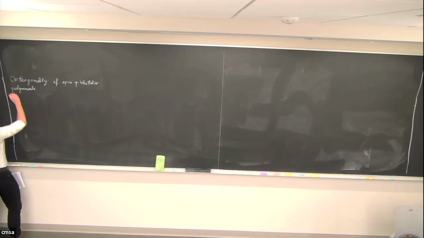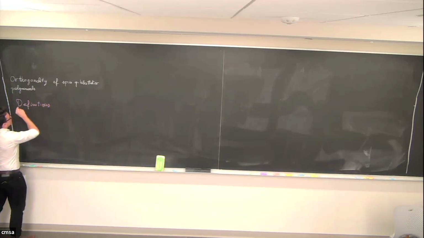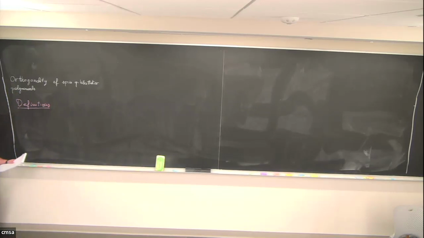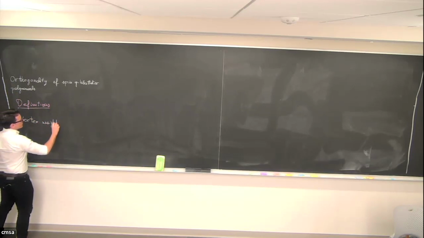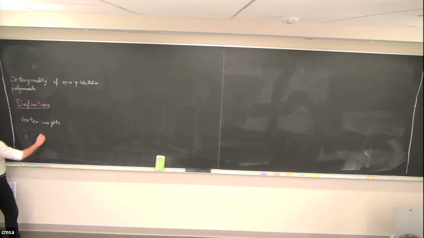Okay, so the first part of the talk is going to be about definitions. Hopefully we define the main objects. So we define some vertex weights. We have a vertex and some edges entering this vertex, and to each of these edges we associate certain values n, k, m, and l.